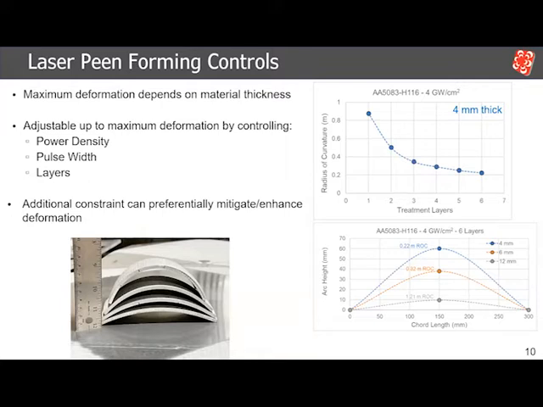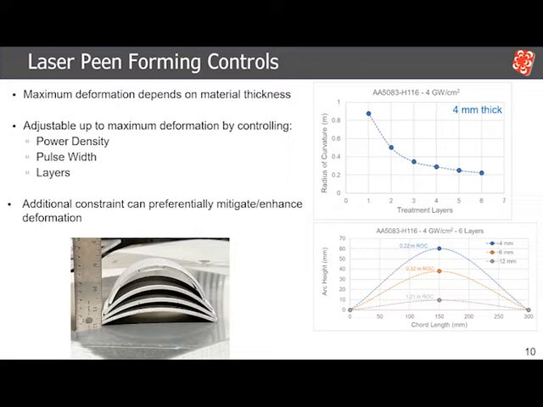Getting a little more specific into demonstrating this for peen forming, the maximum deformation that we're going to be able to achieve with peen forming depends on our material thickness. And as I mentioned, by adjusting our parameters, we can control anywhere in a range from 0 curvature up to a maximum radius of curvature for a thickness.